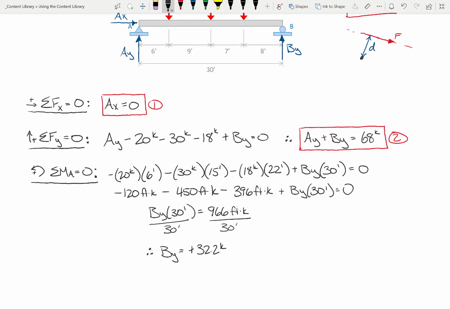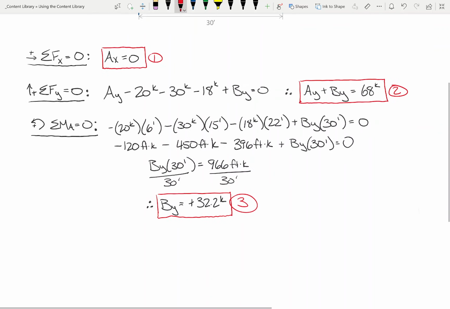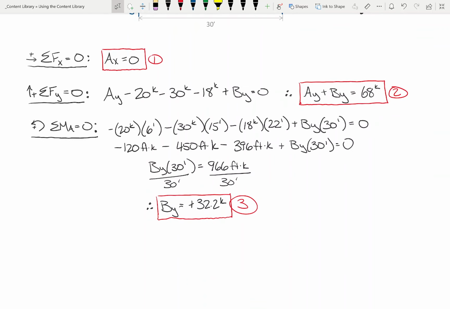Now, from a math perspective, we'll go ahead and say that this is equation 3. But when we write our answer, I don't care about positives and negatives. I want magnitudes and directions. So far, so good? So, tell me what to do. Now, what do I do? Solve for AY. Exactly. By plug and chug, right?